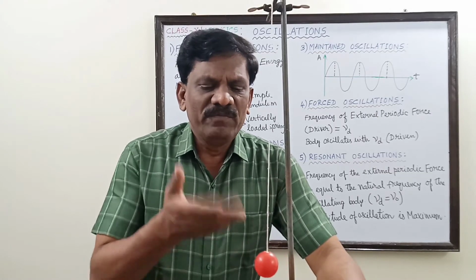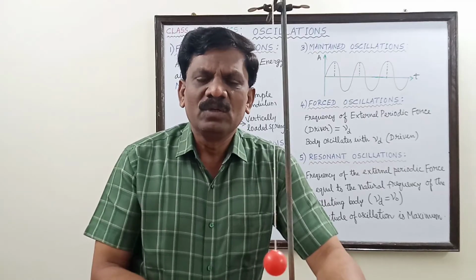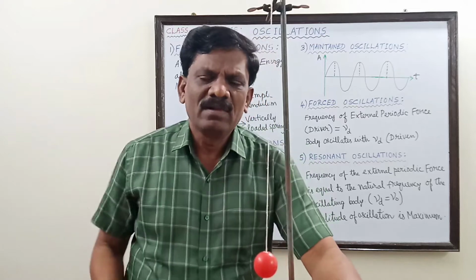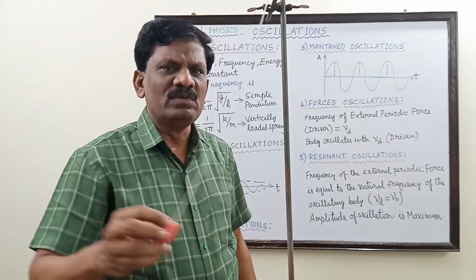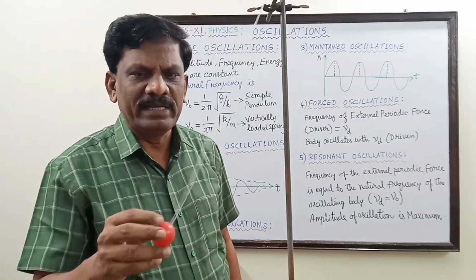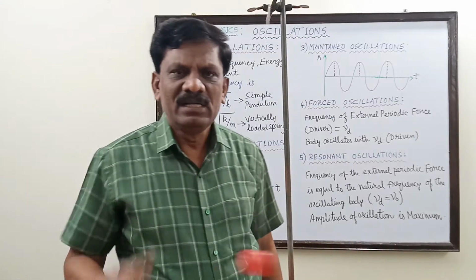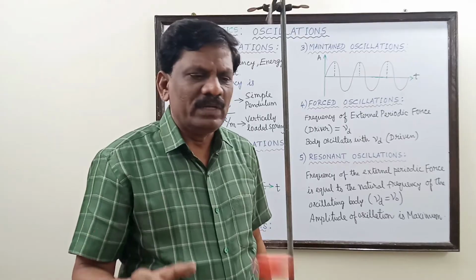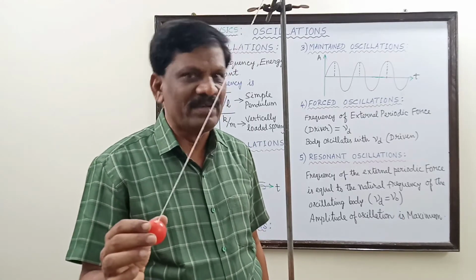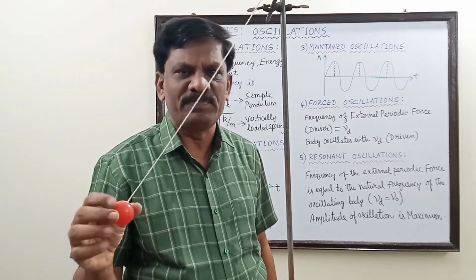Now we take the example of a simple pendulum whose natural frequency is fixed, that is nu naught. Now what is going to happen? You see here, I allow this pendulum to oscillate. Now its amplitude is continuously going to decrease, as we very well know, because of the damping force exerted by the air surrounding this pendulum.